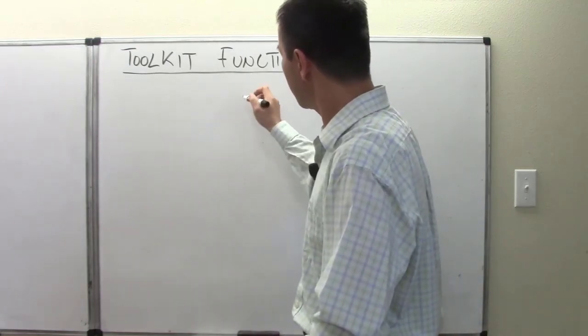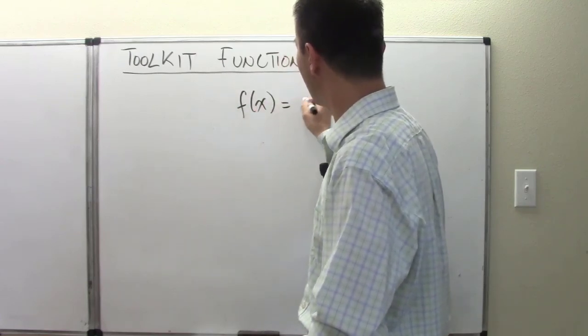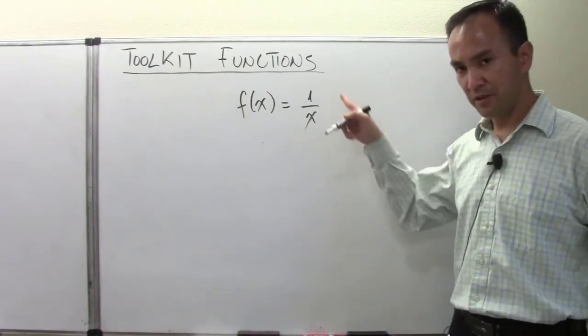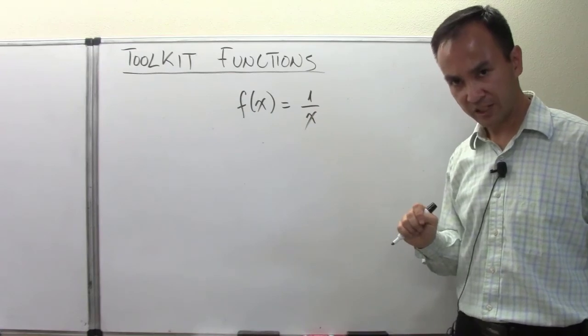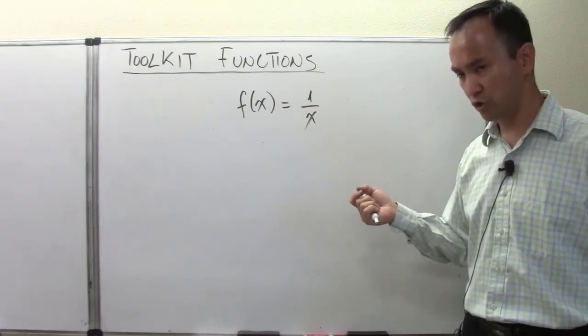Let's look at the following toolkit function right here. How about f of x equals 1 over x? We also investigated the domain of this toolkit function when we were looking at domains earlier.